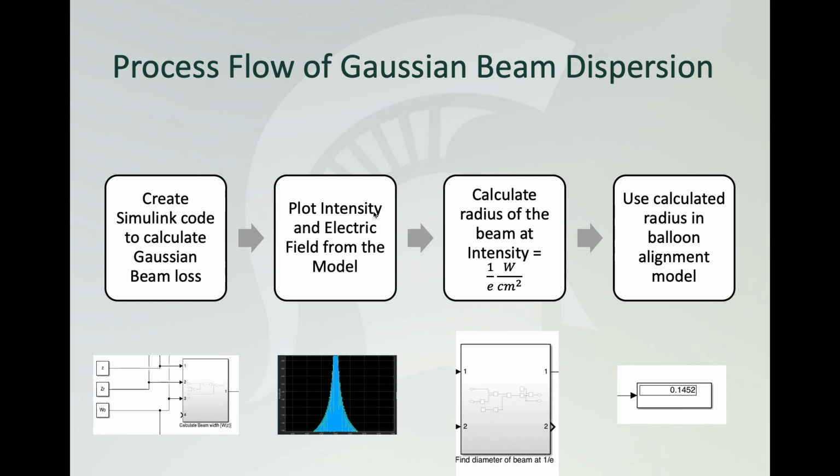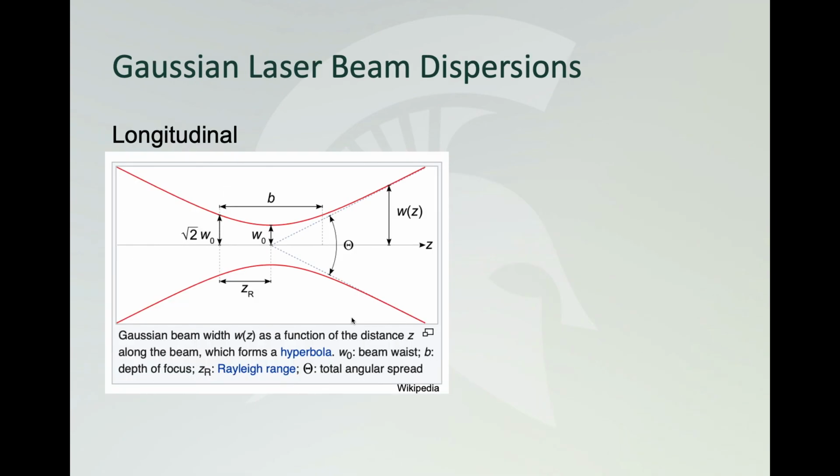Next was plotting the intensity and the electric field from the model, then using that data to calculate the 1/e drop off in intensity, and then finding the radius of the beam at that 1/e intensity, since that is the usable part of the beam. We looked at the first dispersion pattern that we were trying to take into account at distance, and that is the growing beam waist of the beam at distance, at the rate of w(z).